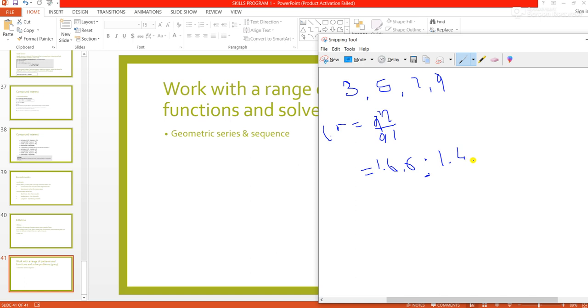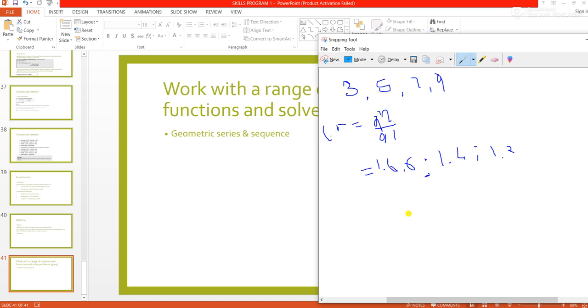Let's check the next term, 9 divided by 7, it's 1.2. So let's use the same formula, dividing the second term by the first term.